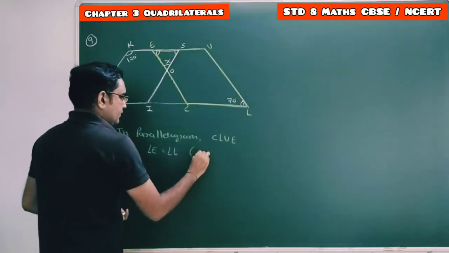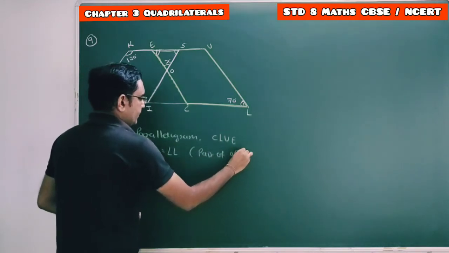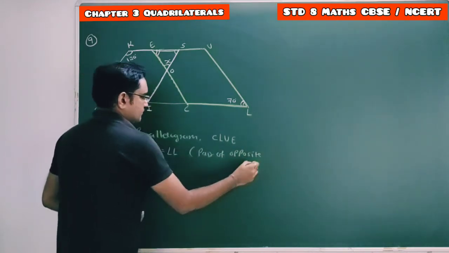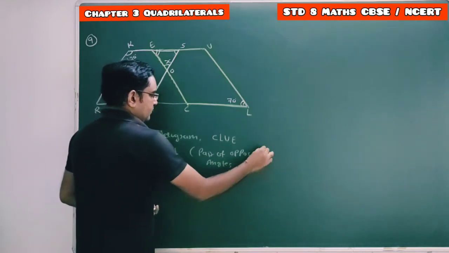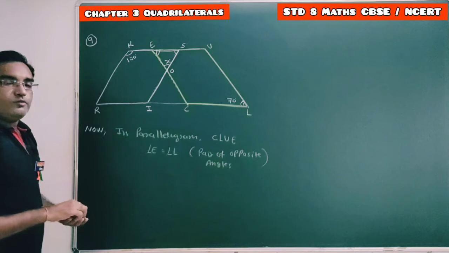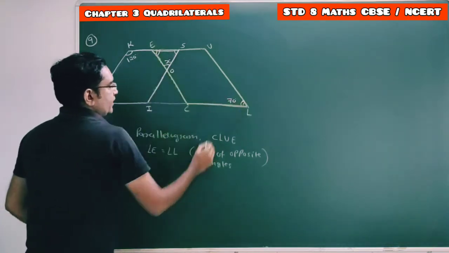Reason is pair of opposite angles. Pair of opposite angles in parallelogram are always equal. So angle E equals angle L.